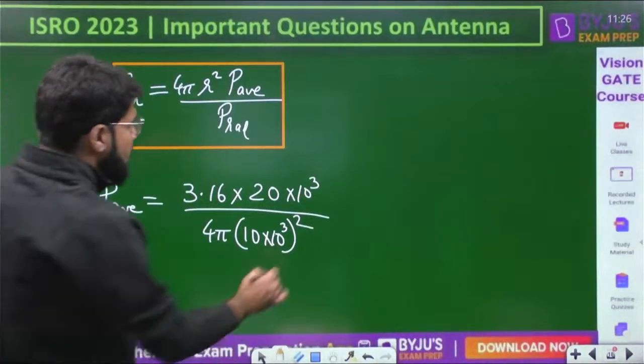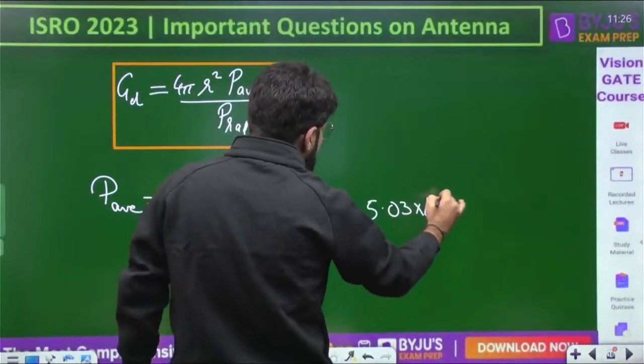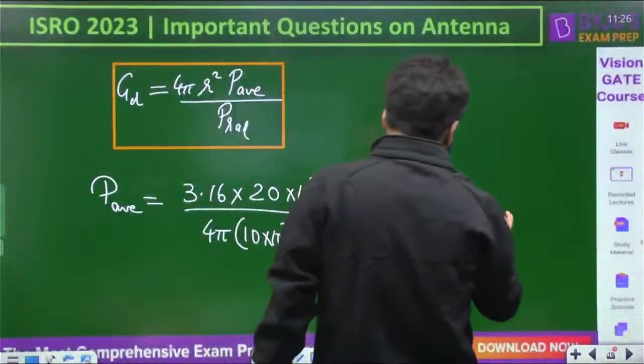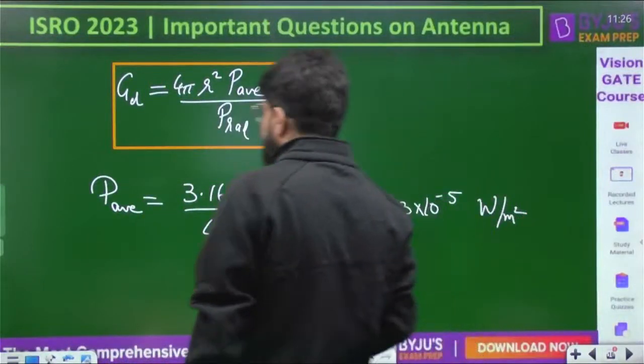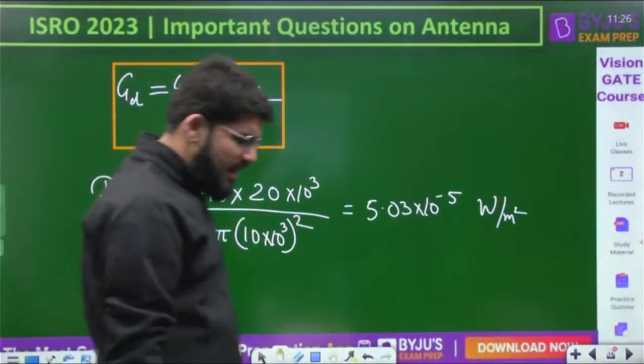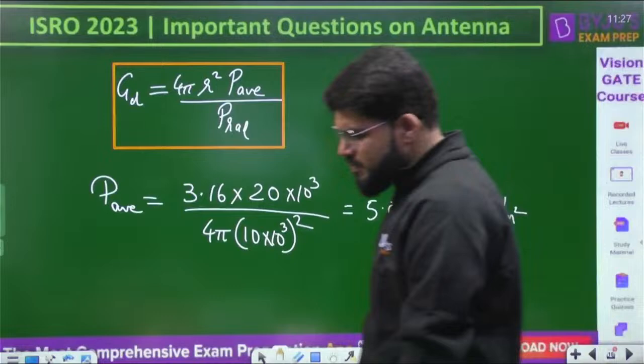So this turns out to be nearly 5.03 into 10 raised to the power minus 5, and since it is a power density term, it is given in watt per square meter. That is the P average. Clear?